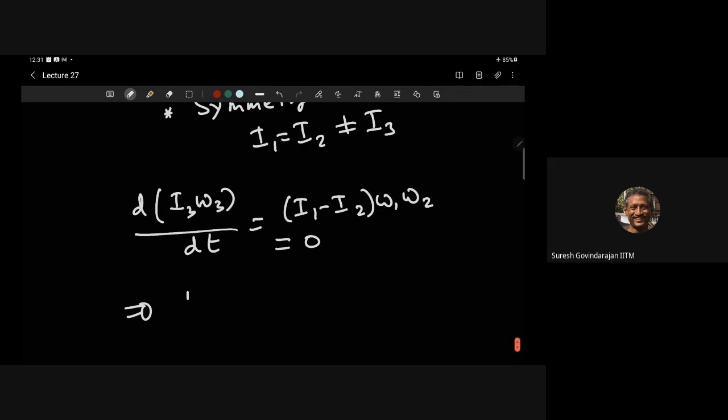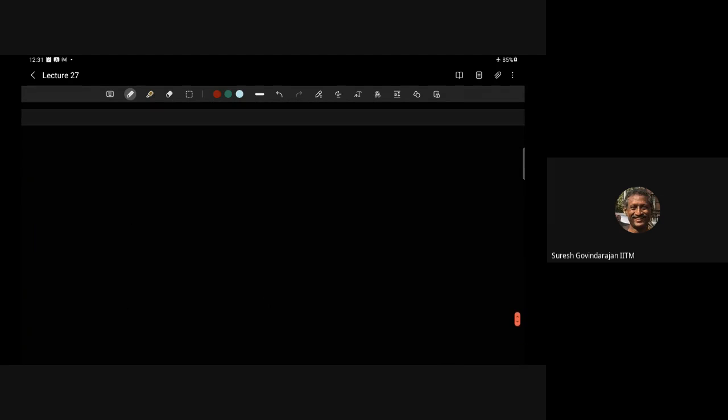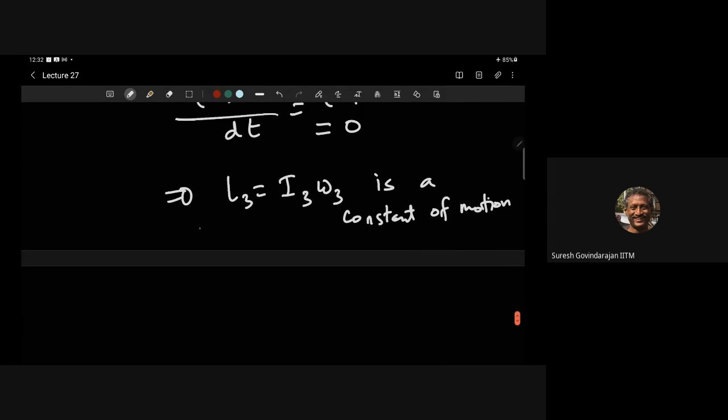This implies that L3 is constant, and it also implies omega 3 is constant because I3 is constant.